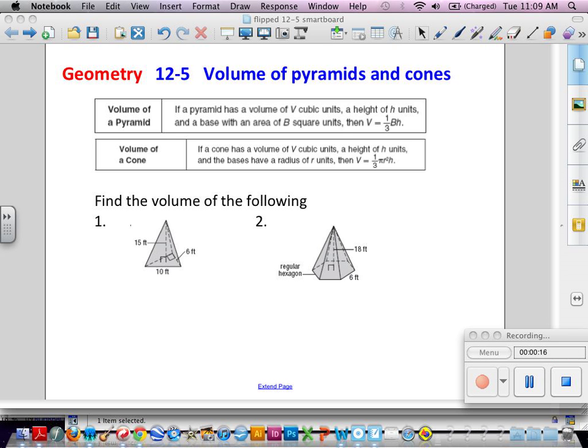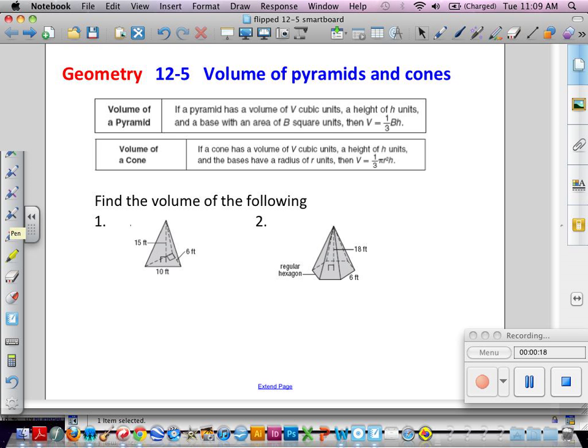And so when you're looking at the volume of pyramids and cones, it's very similar to your prism. You're going to take your base area times your height, and then you're going to multiply it by 1/3, because it's not going to maintain that shape all the way throughout. It's going to come to a point.